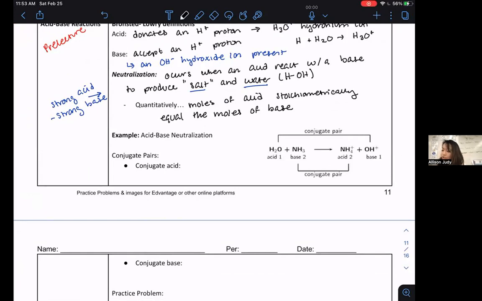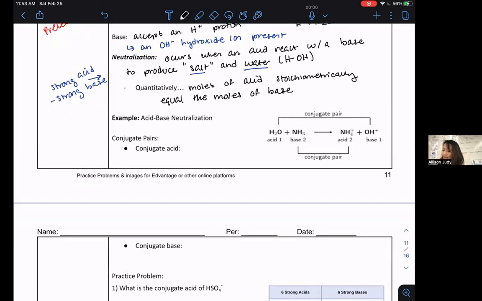And when we see an acid-base neutralization, I will make a quick note that this is particularly a weak example. And not weak as in bad, but a weak acid, weak base example.